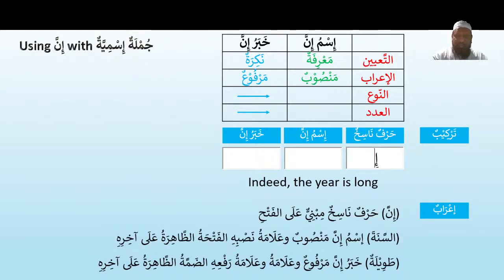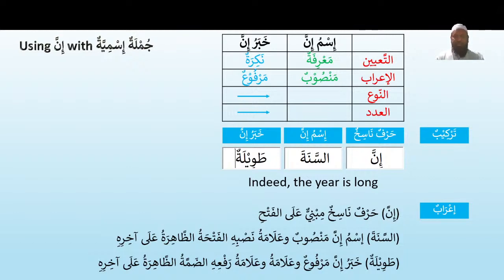So, inna as-sanata, sanatun, year. So to say inna as-sanata tawilatun.